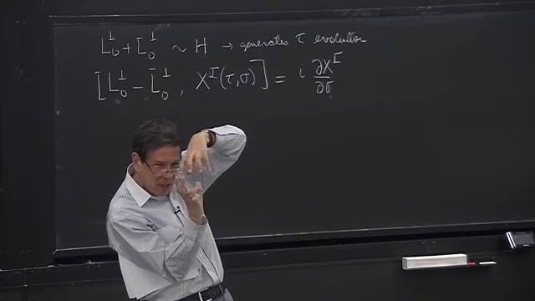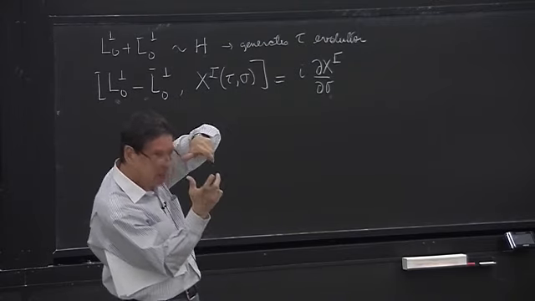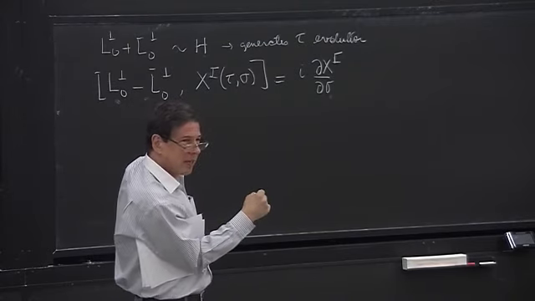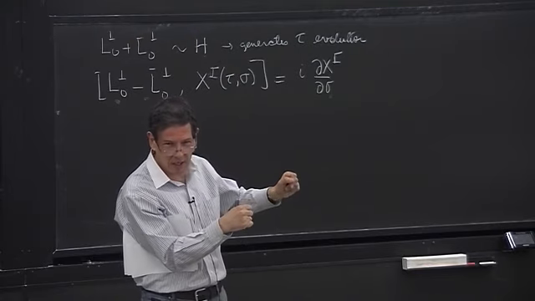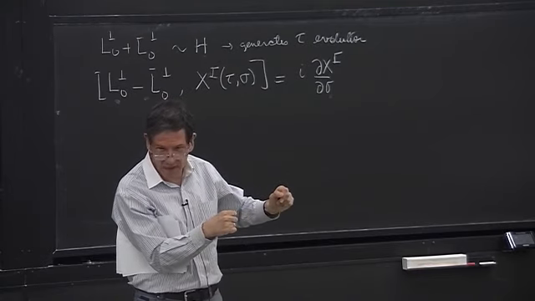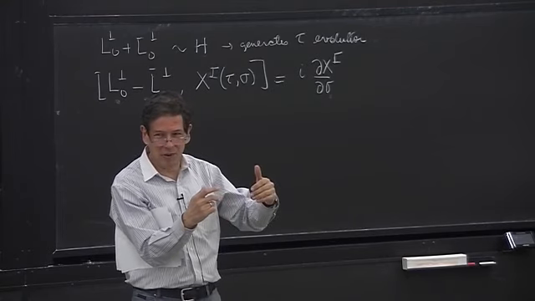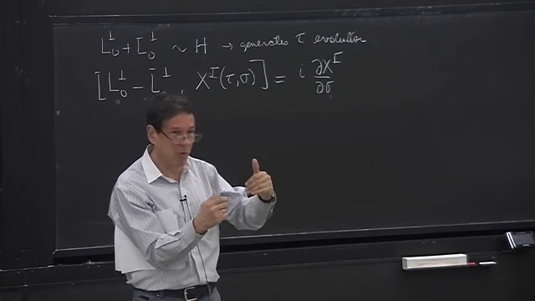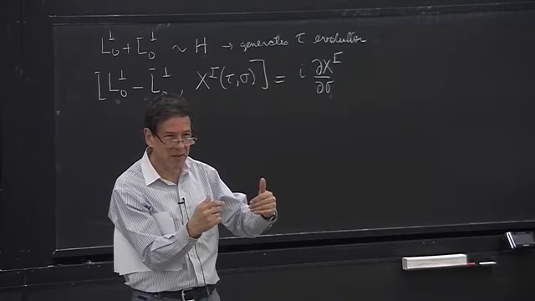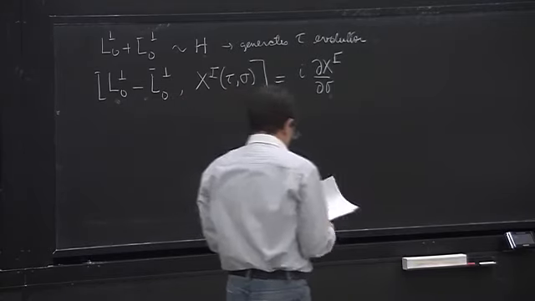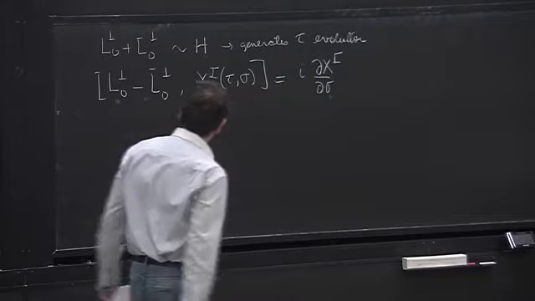Momentum in the world sheet is a generator that generates sigma translation. So L0 minus L0 bar is world sheet momentum. At the end of the day, all states of the closed string must have 0 world sheet momentum. So, state space.